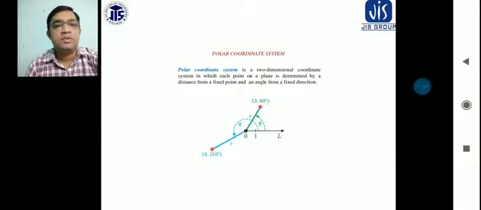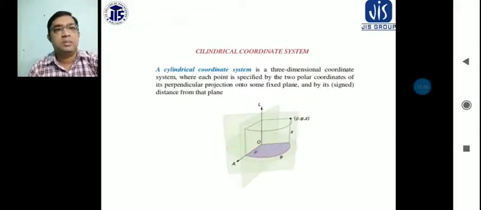In this figure, for example, L means the length, and you consider 3 at 60 degrees, where 3 is the value of the radius or the distance from the origin, and 60 degrees is the angle from the origin, that is, the direction in which the angle is calculated.